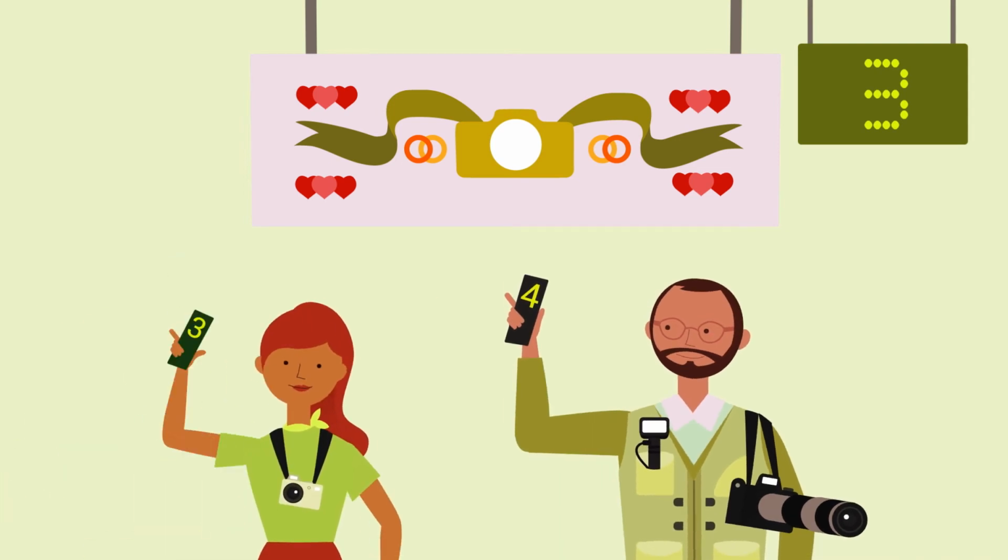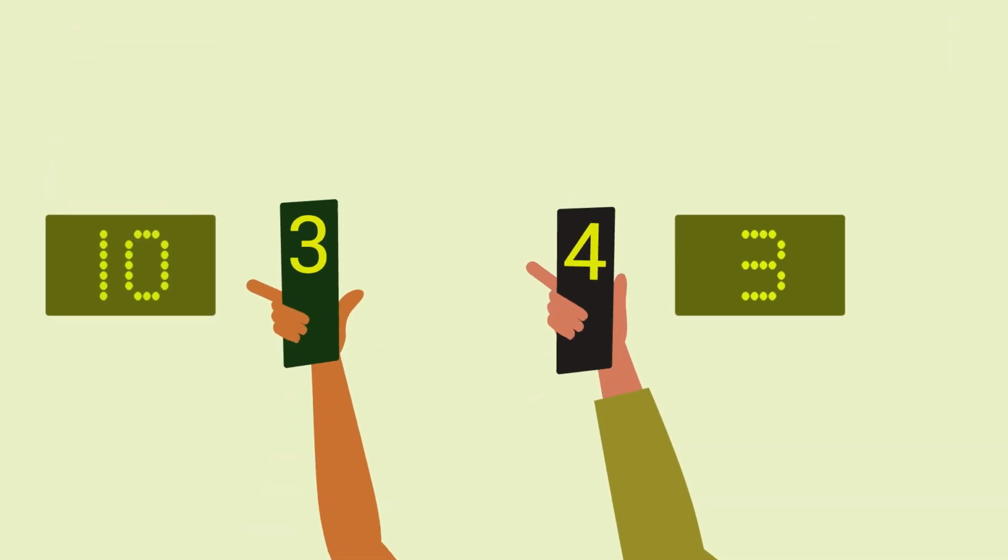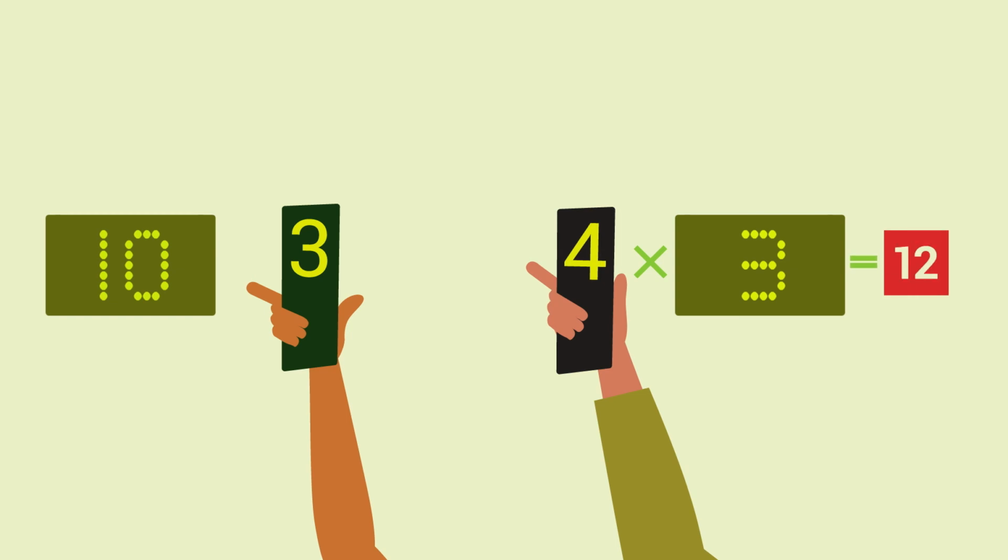Anna bids €3 and her relevance is a full 10. If we look closely, we can take all this info and figure out what will happen in the auction. Multiplied out, Mark's auction score, called ad rank, is 12. Anna scores an impressive 30, even with a lower max CPC.